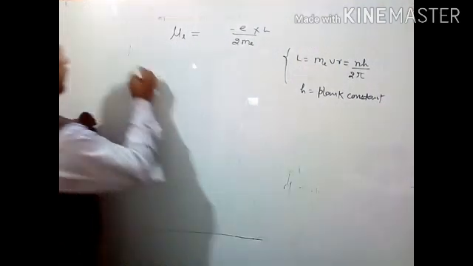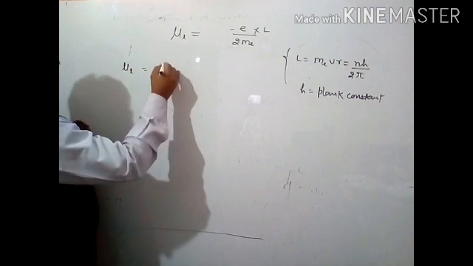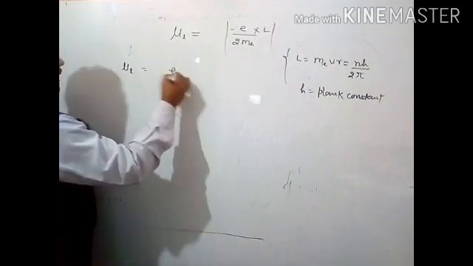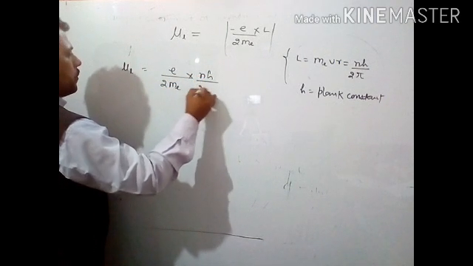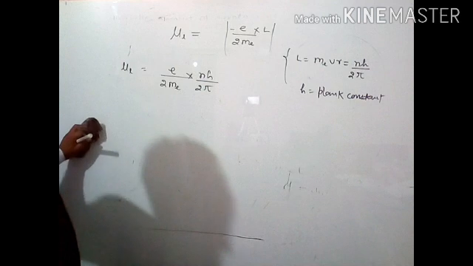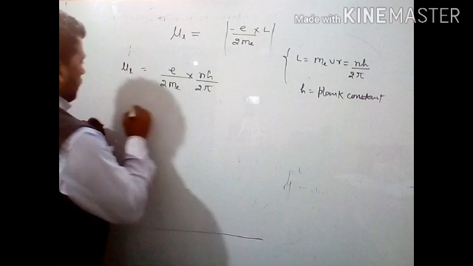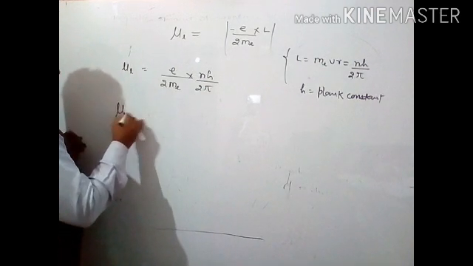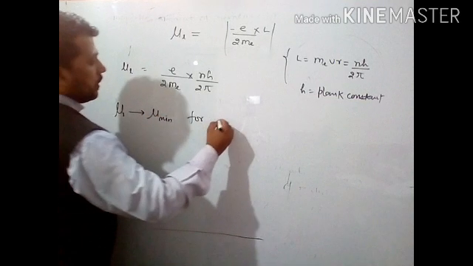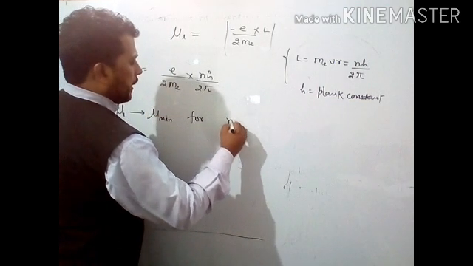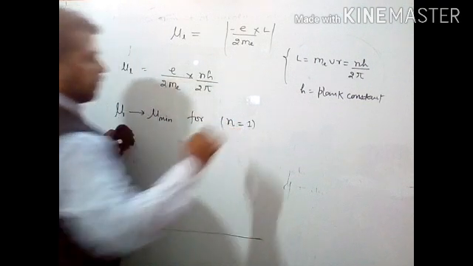Putting this value, for the magnitude, mu L is equal to e upon 2 me into n h upon 2 pi. So mu L will be equal to mu minimum for the specific condition n equals 1.